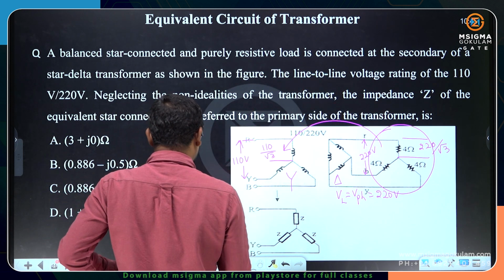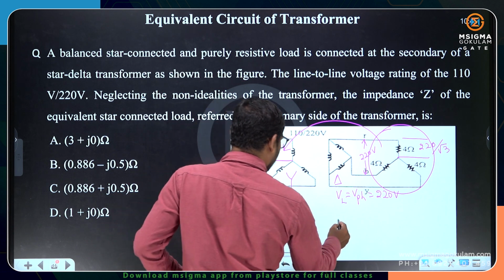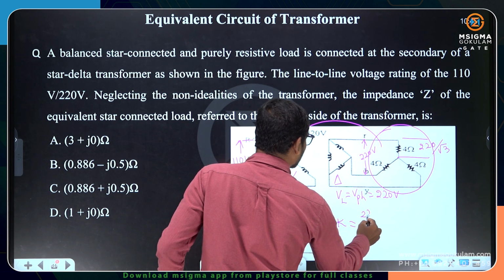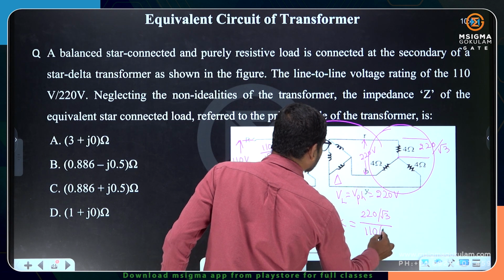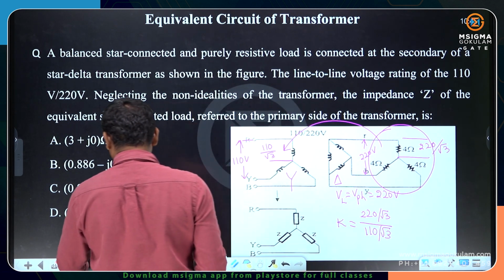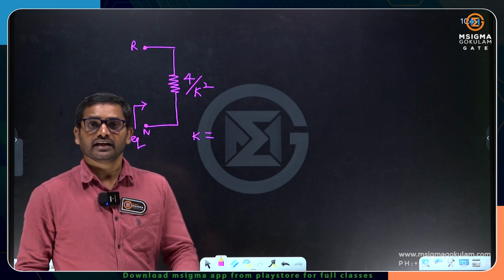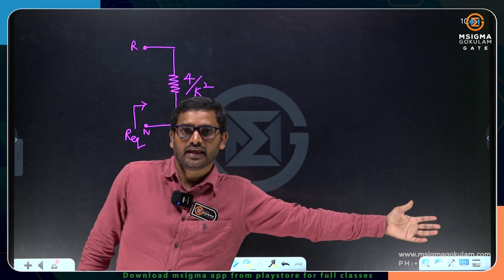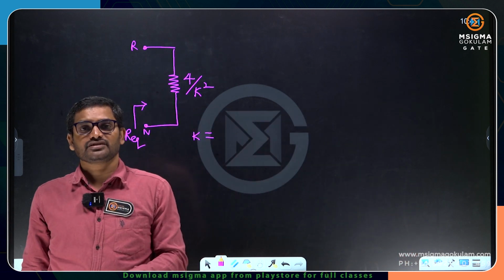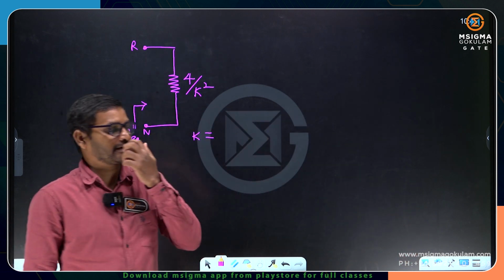So what is K here? K must be 220 by root 3 divided by 110 by root 3. Please remember at what voltage it was operating previously and at what voltage it is operating now. You have to take up per phase quantities only.